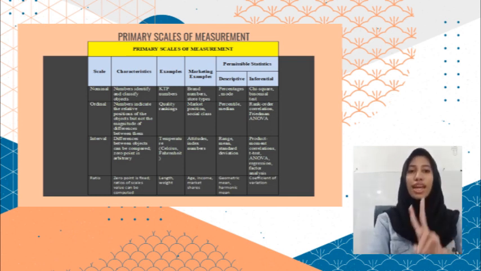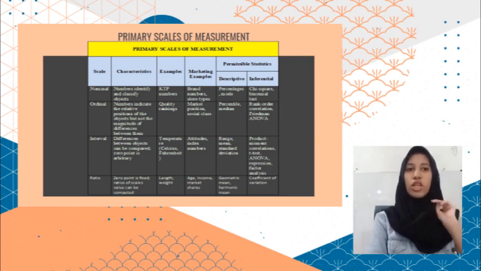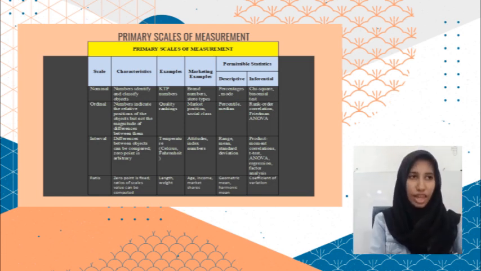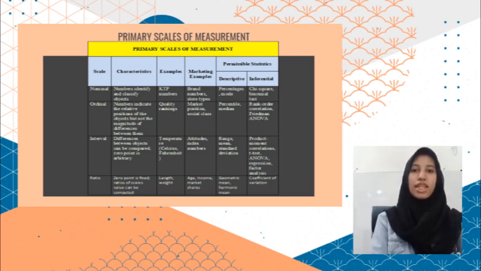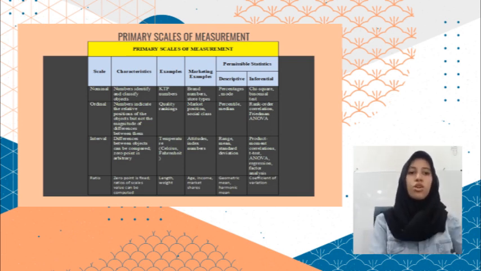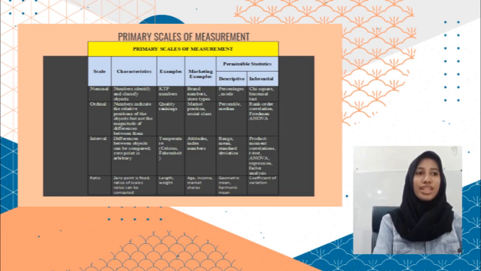There are two scaling techniques. Firstly, comparative scales. Secondly, non-comparative scales. Comparative scales are divided into paired comparison, rank order, constant sum, Q-sort, and other procedures. Non-comparative scales are divided into continuous rating scales and itemized rating scales.